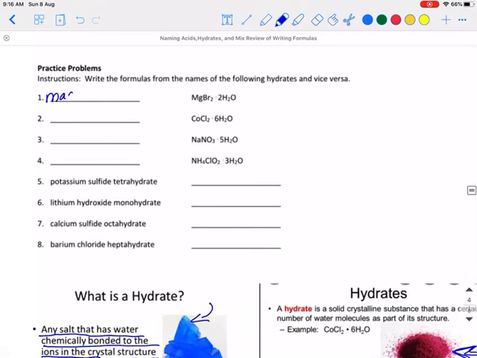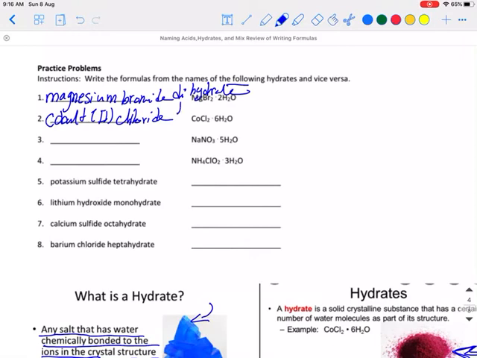MgBr2, it's magnesium bromide. How many molecules of water? 2, so dihydrate. This is cobalt chloride. Cobalt, I have to write for it its Roman number. So cobalt(II) chloride.